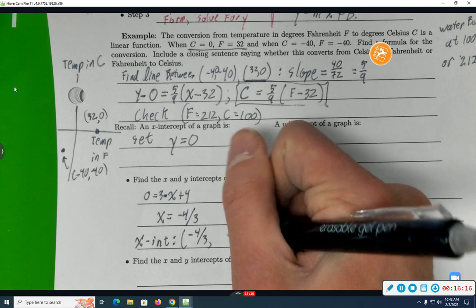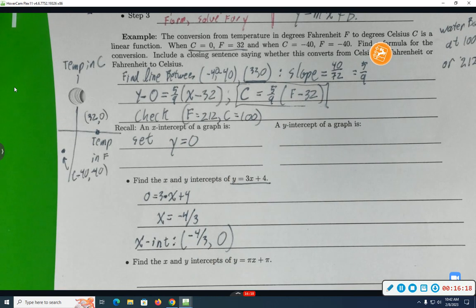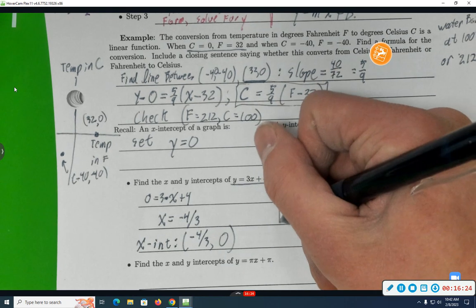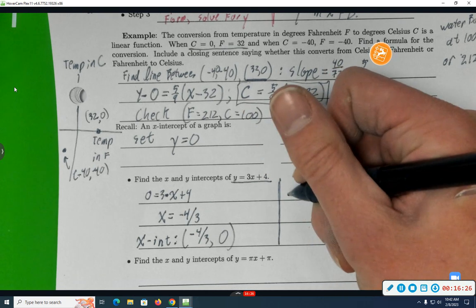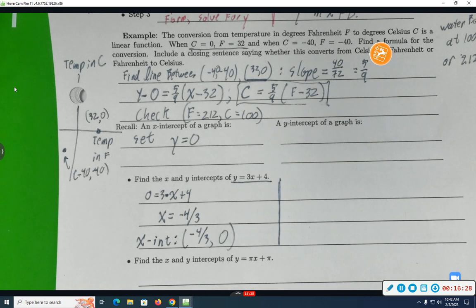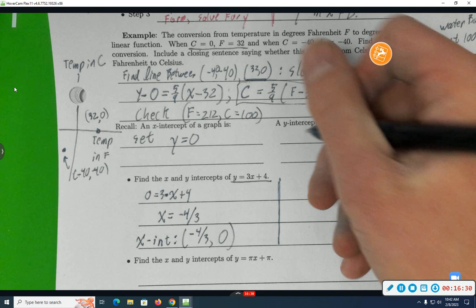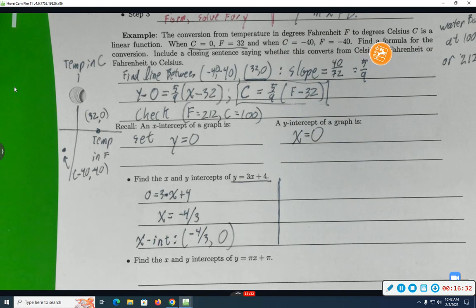So the x-intercept itself is the point negative 4 over 3, 0. How about the y-intercept? How do you find the y-intercept? Set x equal to 0. So let's do exactly that. In fact, is it even easier to find the y-intercept than it is to find x?